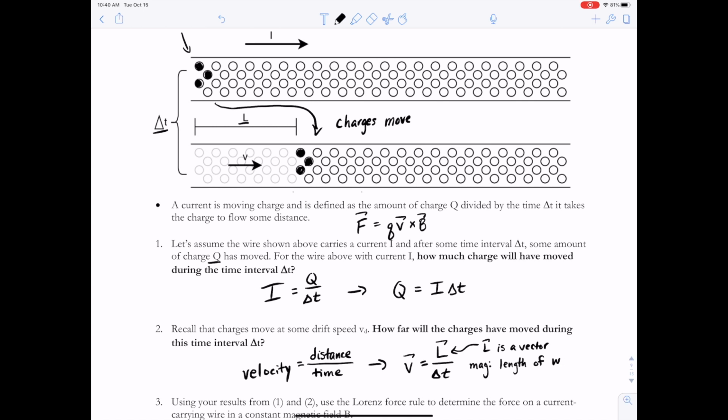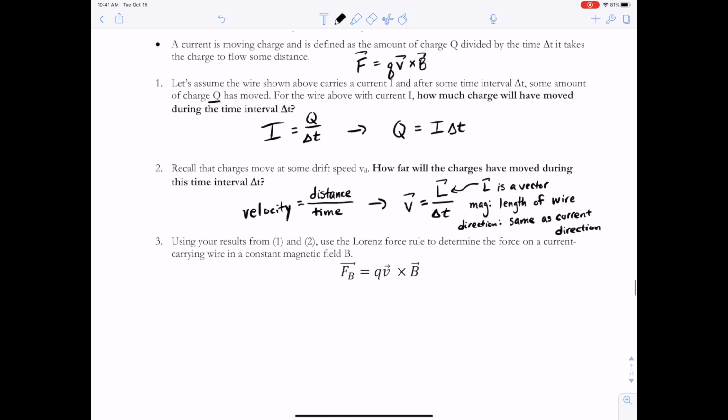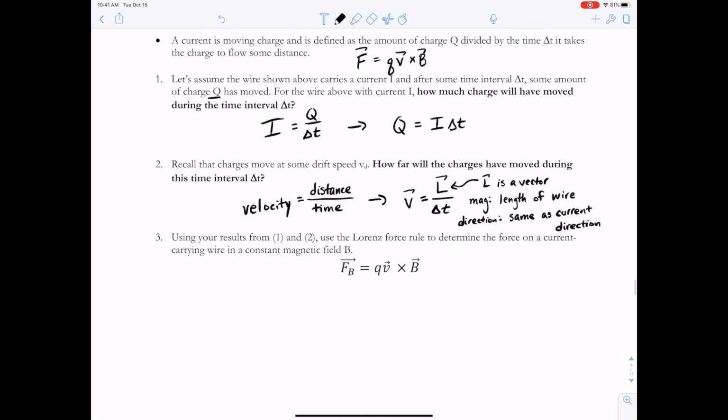The direction is the same as the current direction.